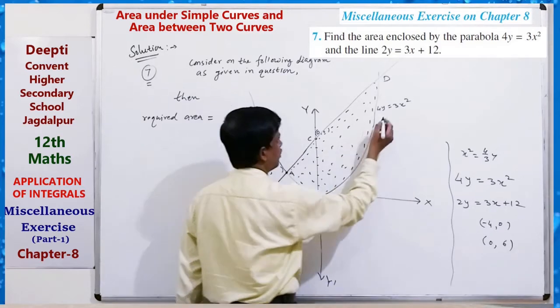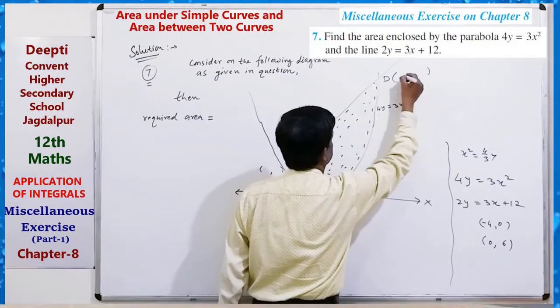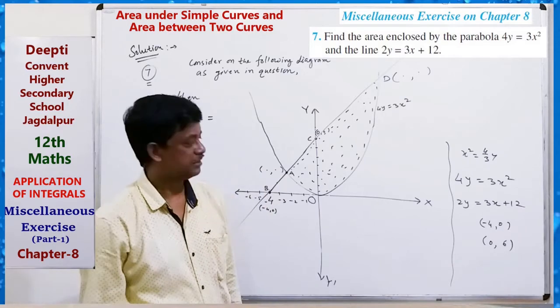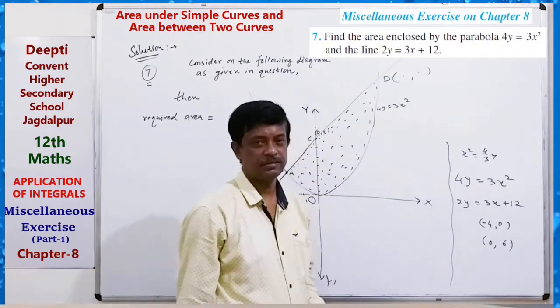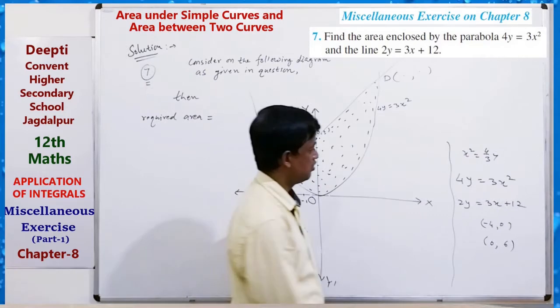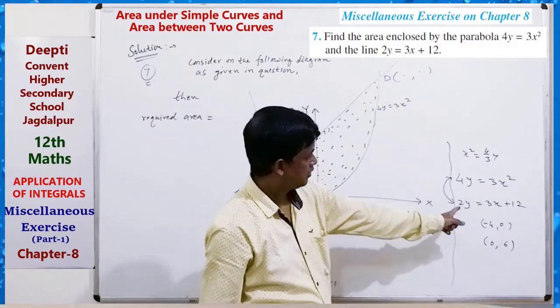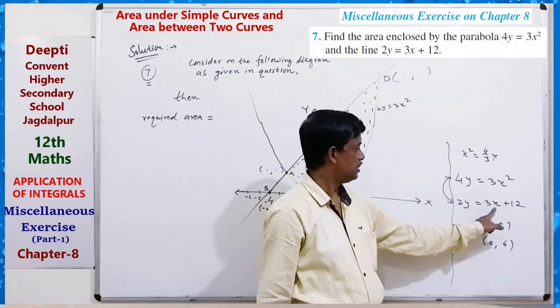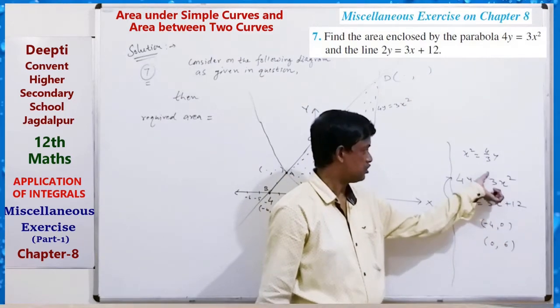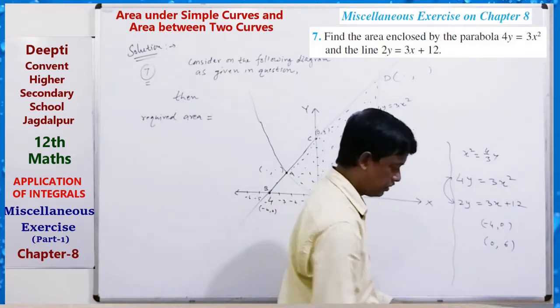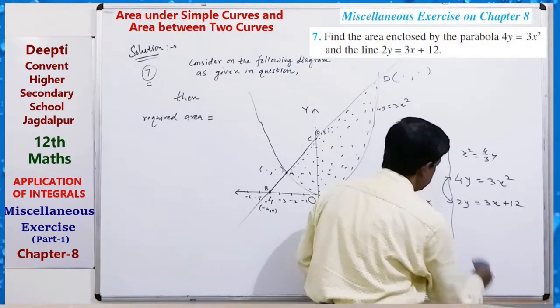Here we require these two parts. How can we get this? By solving these two equations, parabola and line. So here 2y equals 3x plus 12.